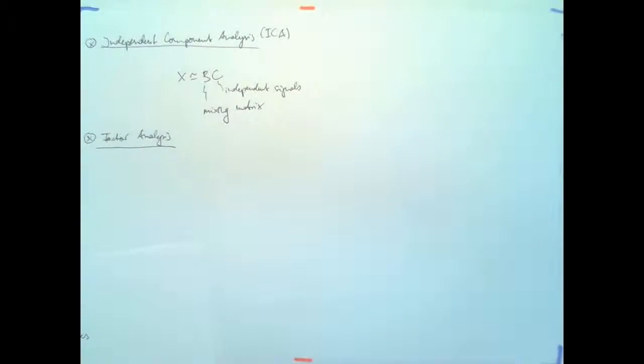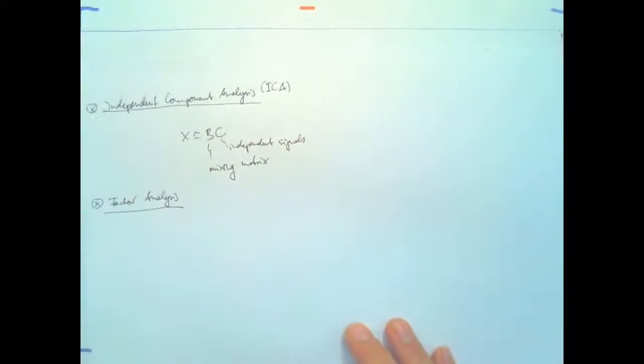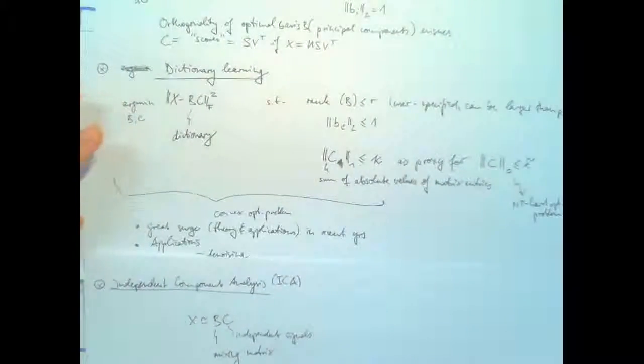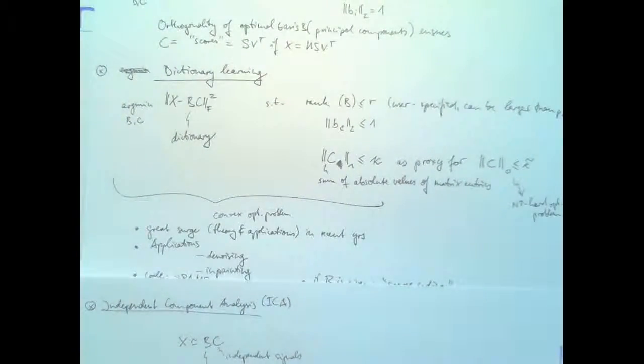Okay, now what have we gained from all this? I simply wanted to put things into perspective. So we have this very large number of methods that do quite different things. We had the dictionary learning, we had PCA, we had here the vector quantization.